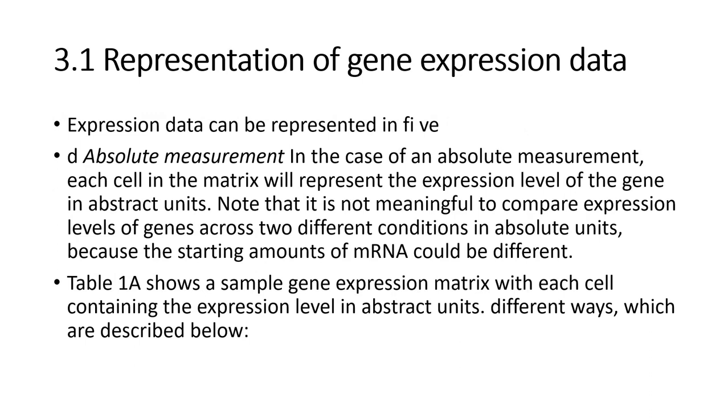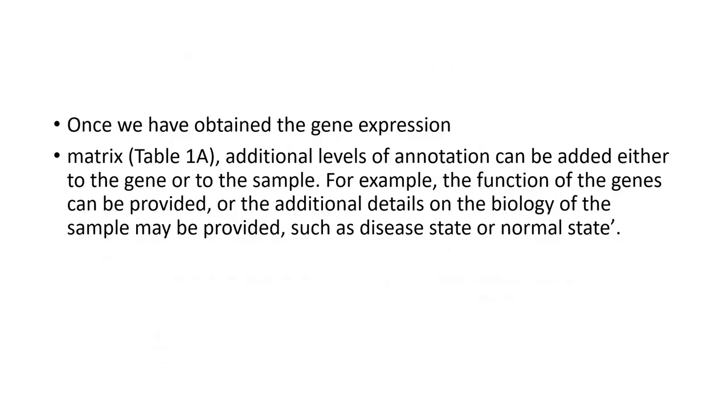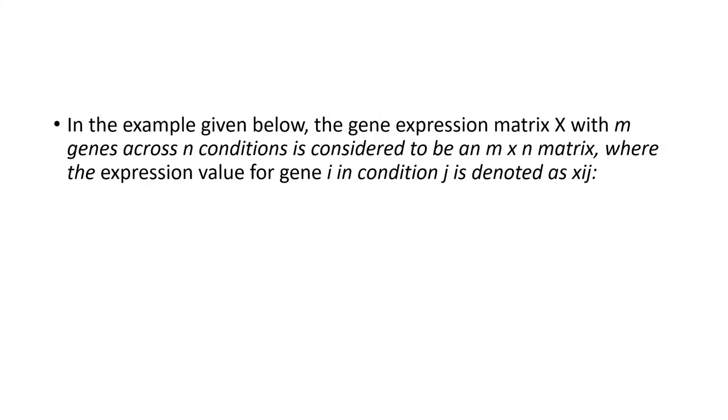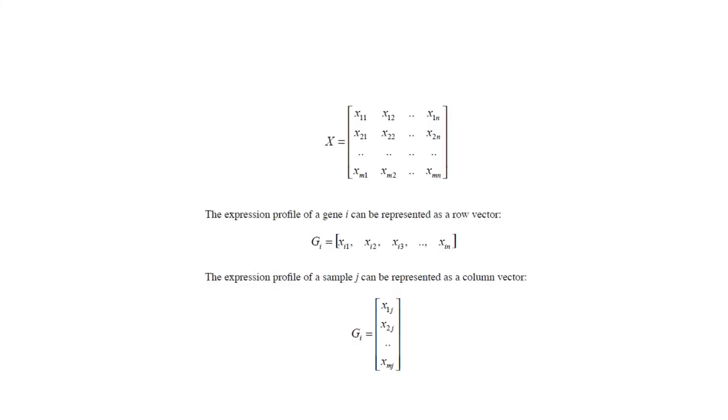Now, the sample expression profile we can also see here like this. Here you can see the expression profile of a gene i can be represented as a row vector. So x11 means first row first column, x12 means first row second column, x1n means first row and nth column.